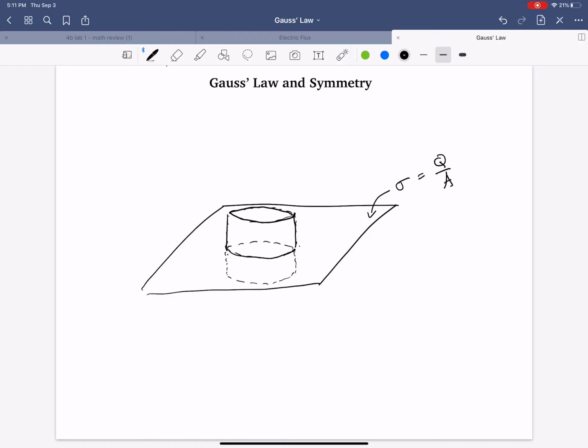Okay. And now, this is important. For a plane or a sheet of charge, we have to have the height of this Gaussian cylinder be the same. Why, might you ask? Well, think of the electric flux. This sheet of charge will create an electric field going out from it, both up and down.